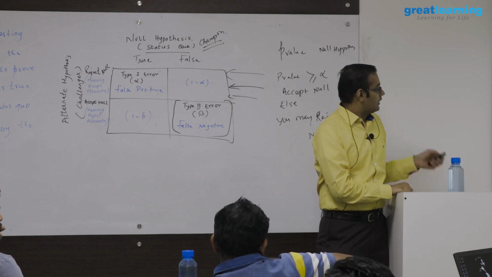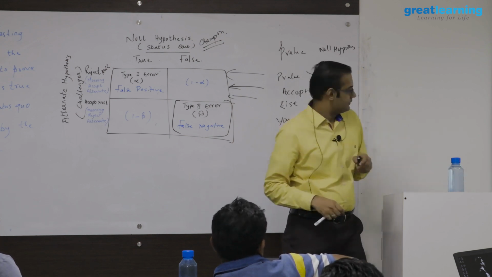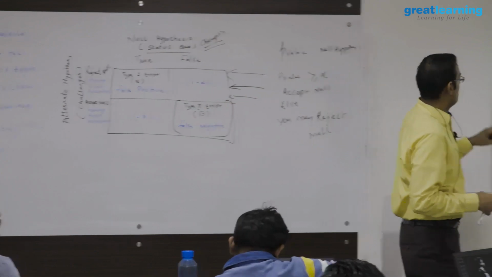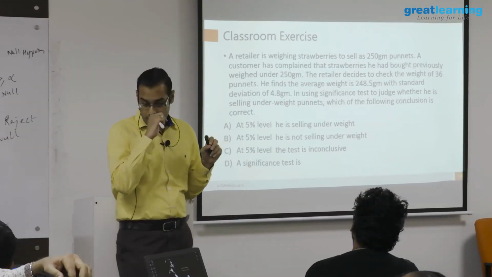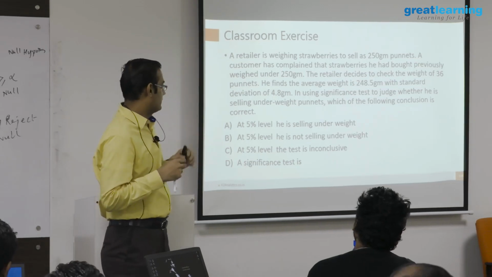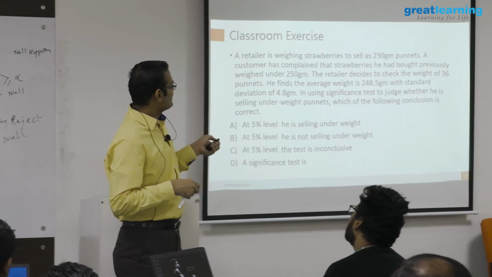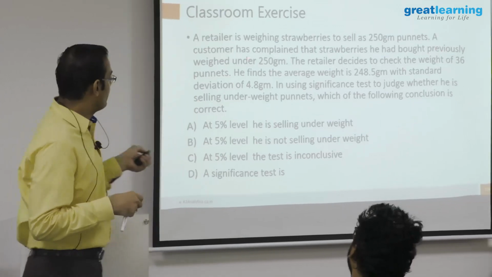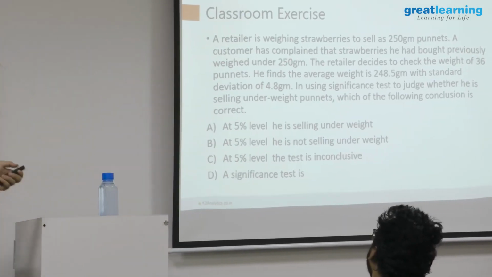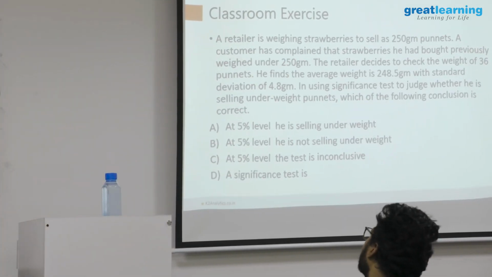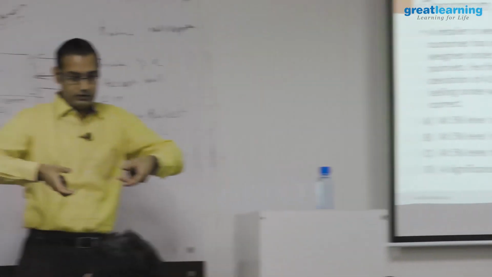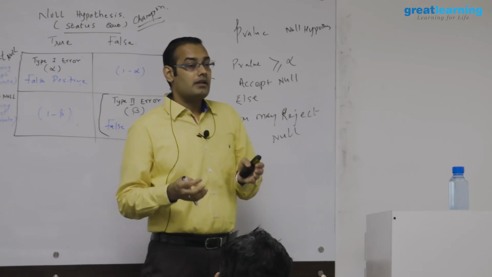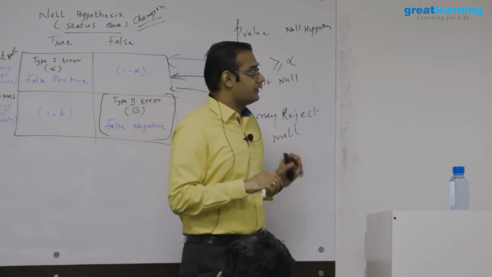Okay. Let's take this example now. A retailer is weighing strawberry to sell 250 gram punnets. A customer has complained that strawberries he had bought previously were underweight. The customer is complaining that the boxes you are selling, you say 250 gram, but they are underweight.